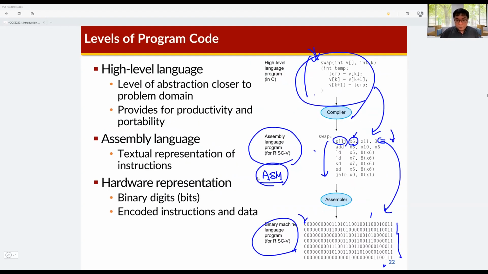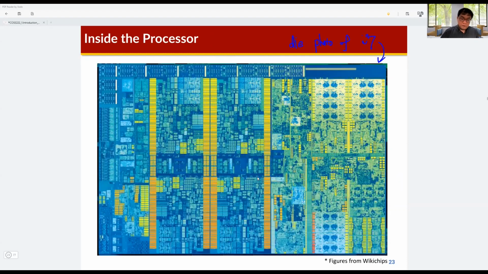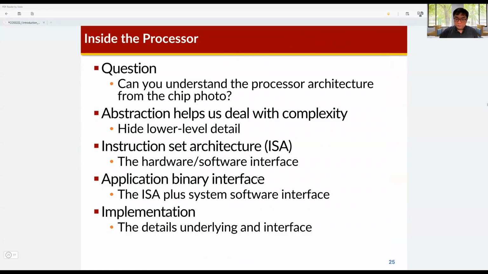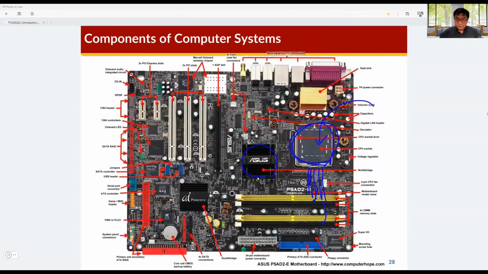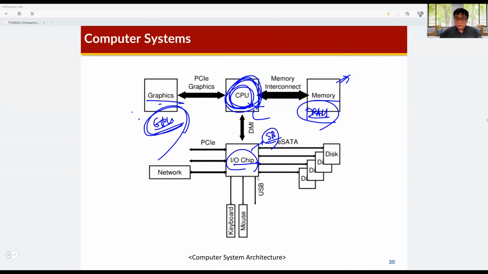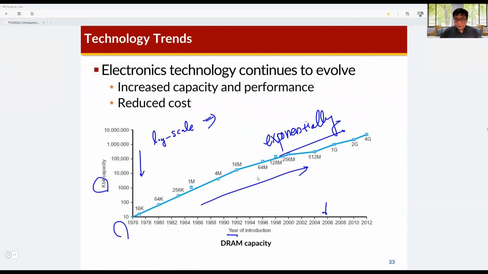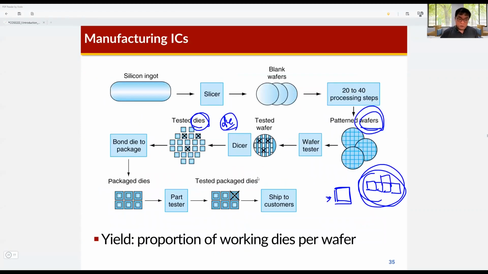Also, I explained examples of abstraction in computer processors and computer systems, like microarchitecture and the systemical view of the computer systems. Then we briefly learned about some semiconductor technology and the chip manufacturing process, because the CPU is a digital chip.